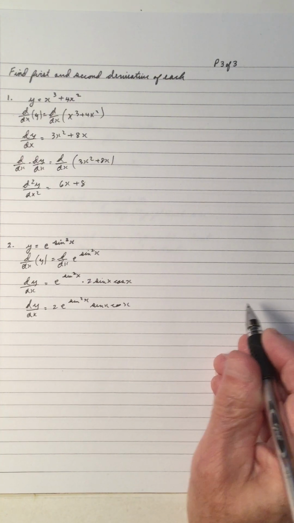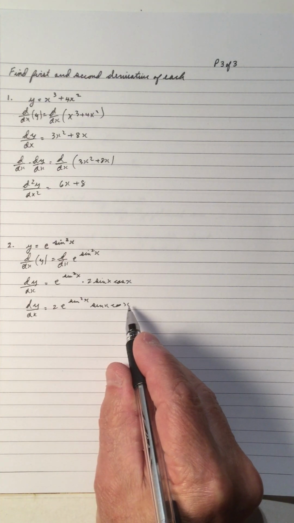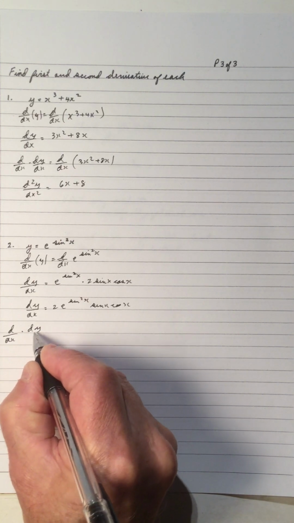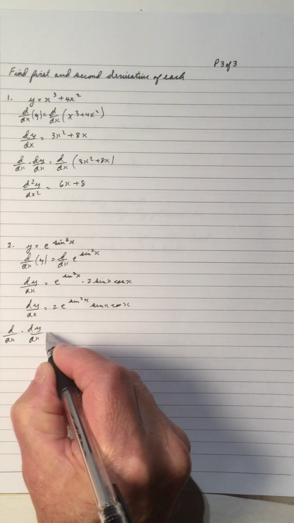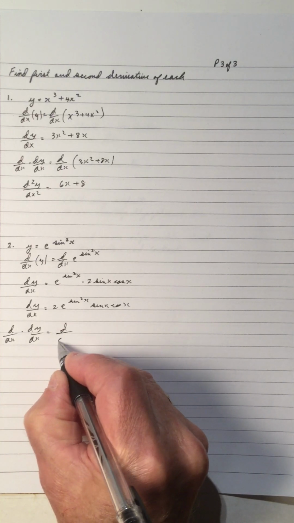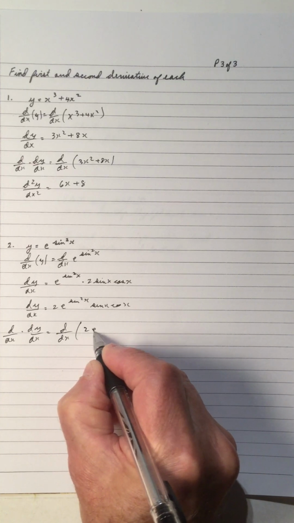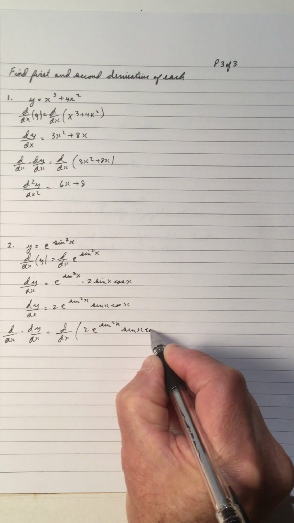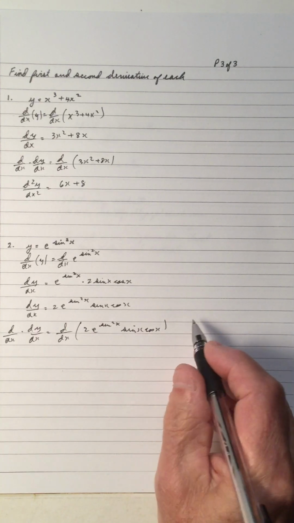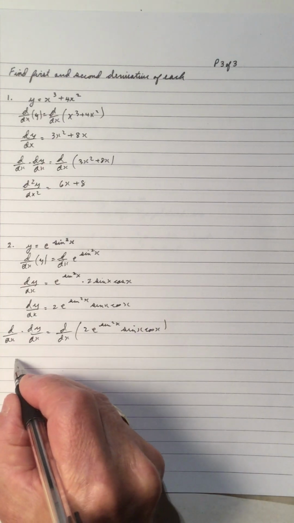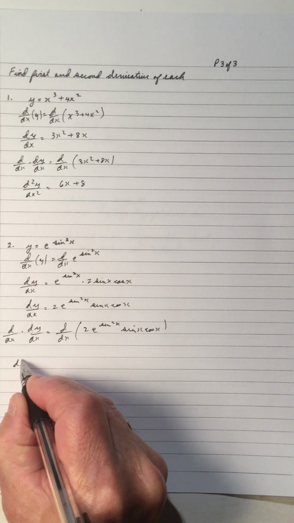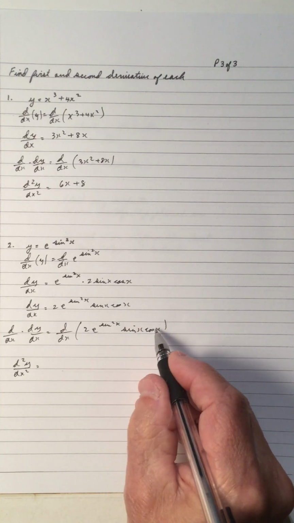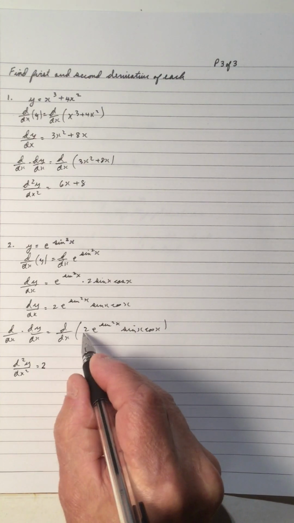And the second derivative here, we have three functions. So we have d/dx on dy/dx, which is d squared y. The 2 is outside because it's a constant.